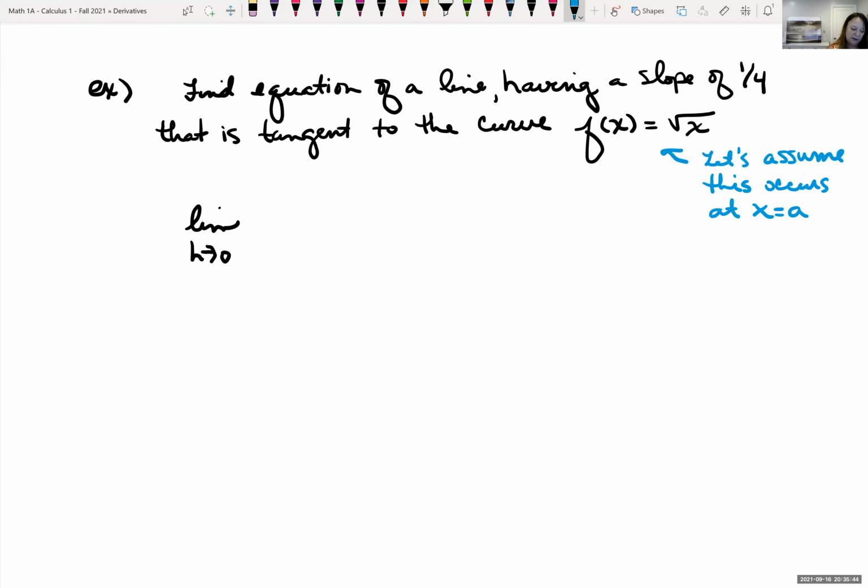Okay, so I'm going to find the equation of the tangent line I know is going to have a slope of a quarter at x equals a. So I'm going to put that in there. So I'm going to look at f of a plus h minus f of a all over h. And we know we're trying to find out when is this equal to a quarter.